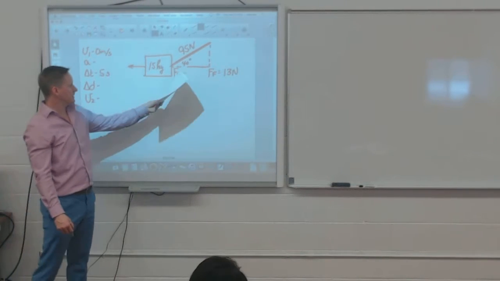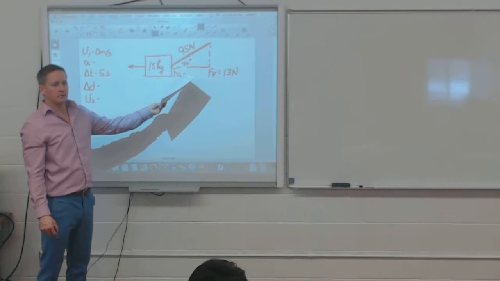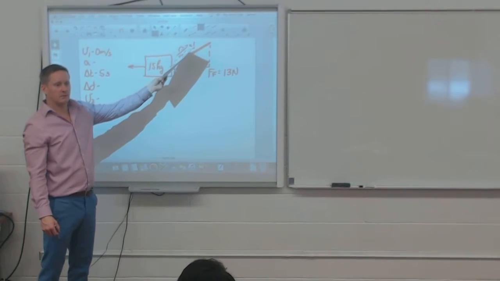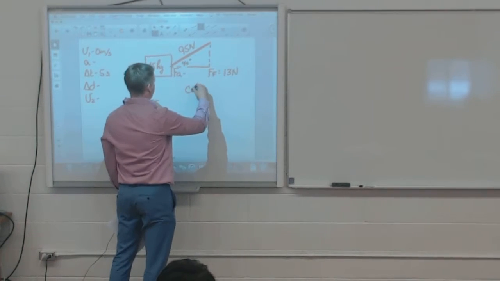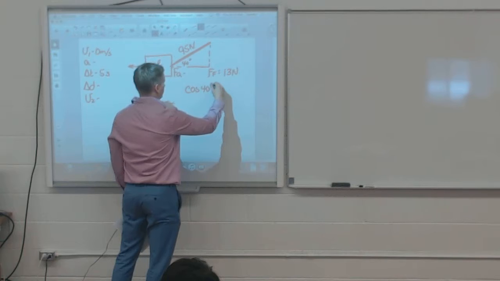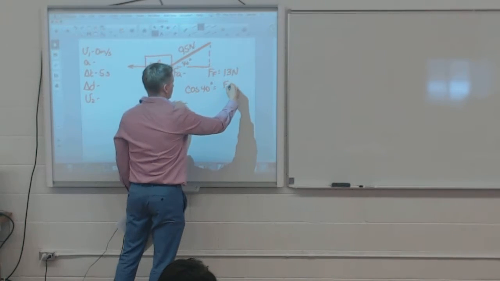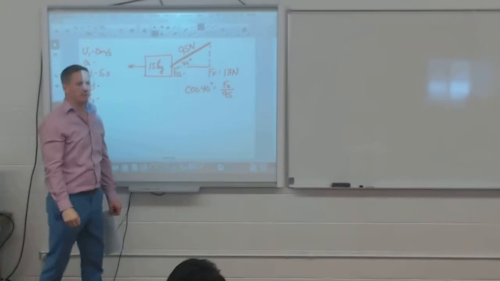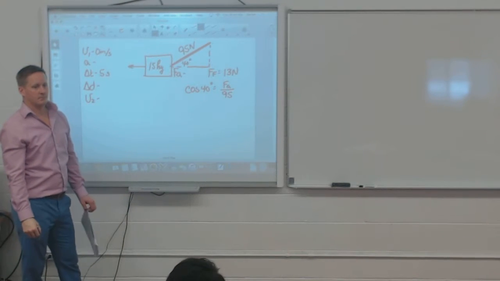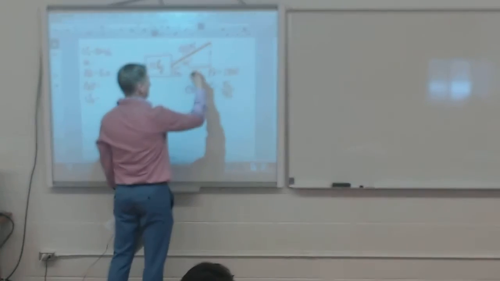Okay, where is this in relation to your angle? Adjacent. Hypotenuse. Cosine. 72.77.